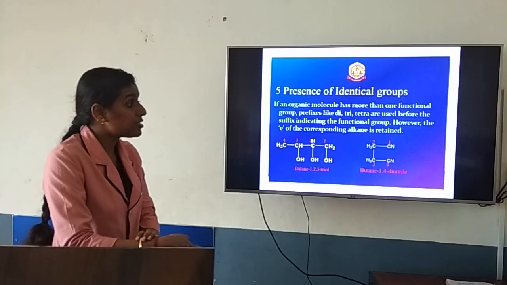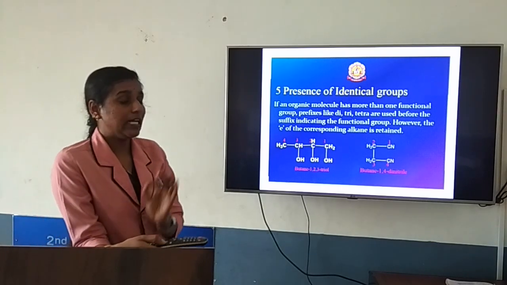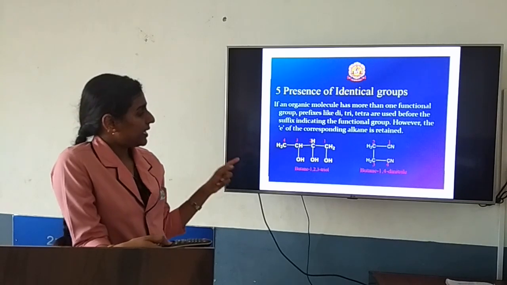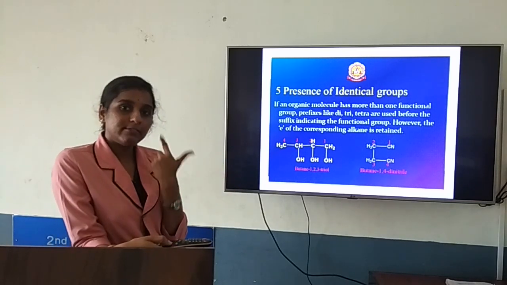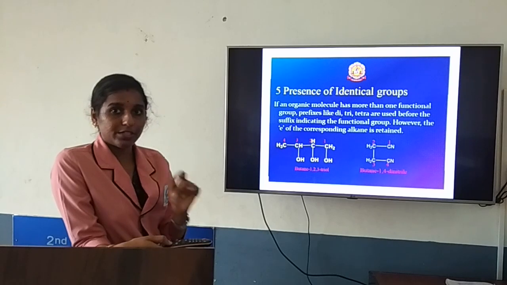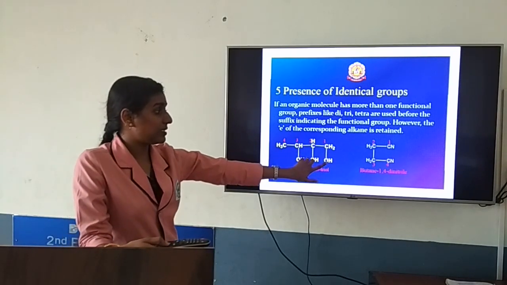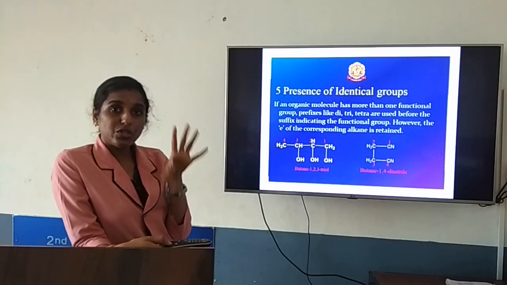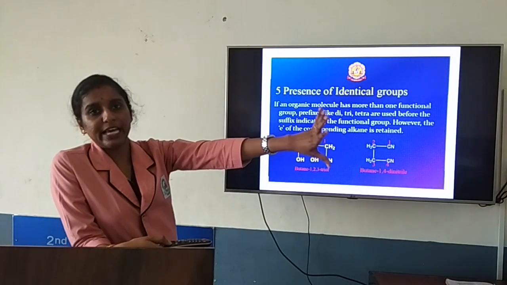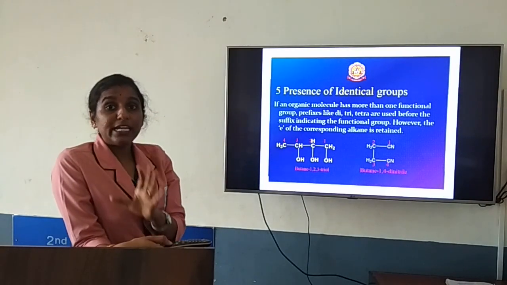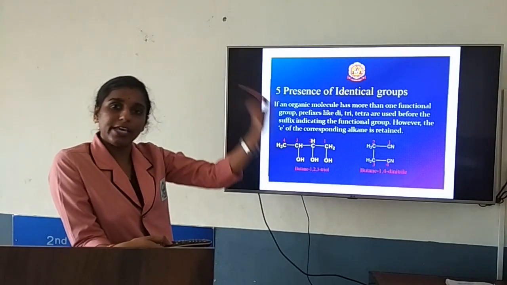Next, presence of identical groups. If the same kind of groups are present, how are you going to name the compound? Here you can use di, tri, tetra, all those forms. Now if you go with this example, here the functional group is, see, I tell you, if the functional group is present at the terminal end, either that first carbon or this first carbon, start numbering from there itself.